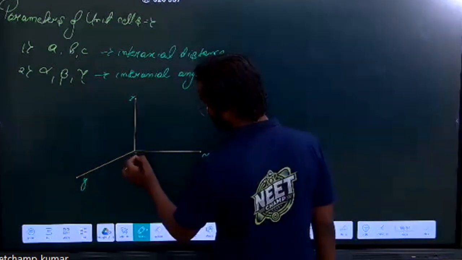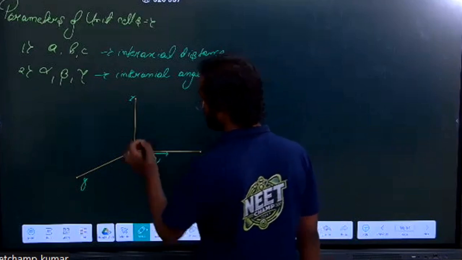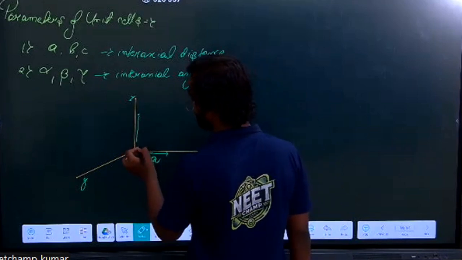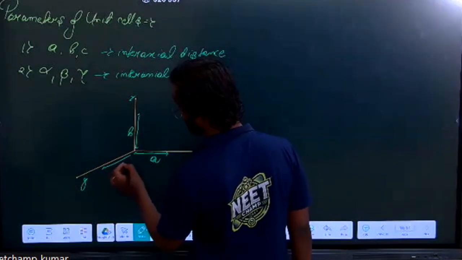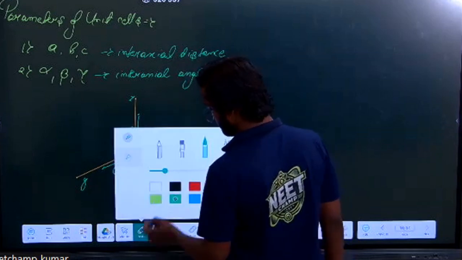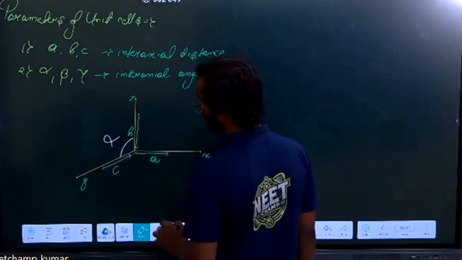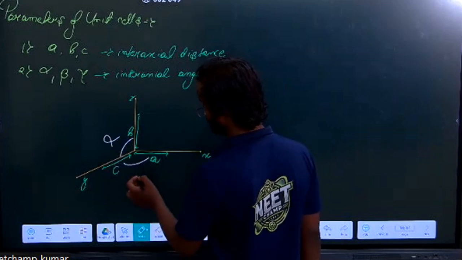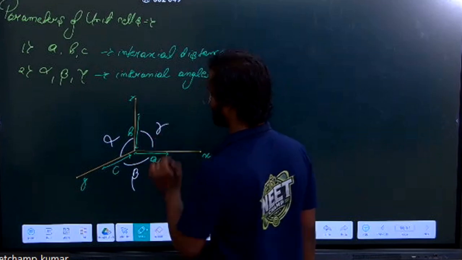Suppose this distance is considered as a on the x-axis, this distance is considered as b on the y-axis, and this distance is considered as c on the z-axis. The angle opposite to a I call alpha, the angle opposite to b is beta, and the angle opposite to c is gamma.